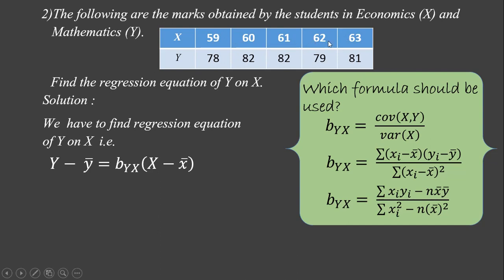So these numbers are bigger than the previous example, greater than the previous example's values of x and values of y. So it is not convenient to use this formula for this example.